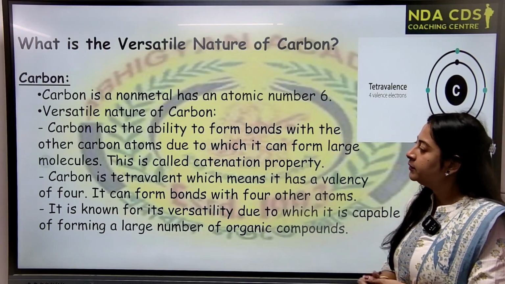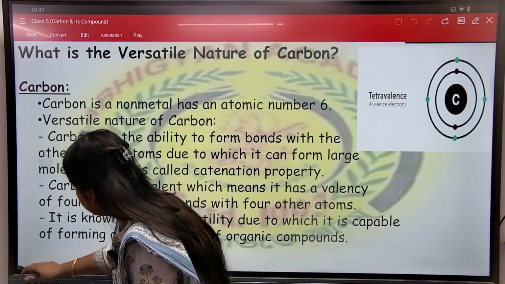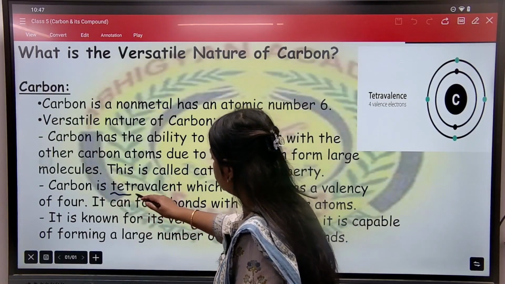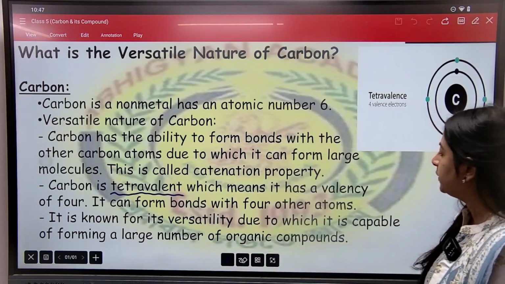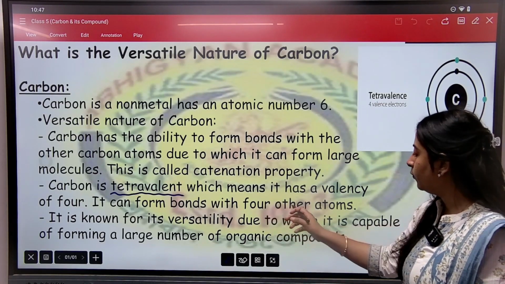Okay? Carbon is tetravalent. What is the valency of carbon? Carbon is tetravalent, which means it has a valency of 4. It can form bonds with 4 other atoms.